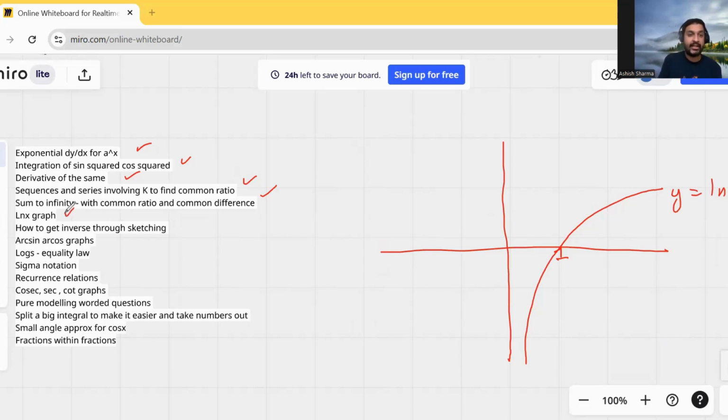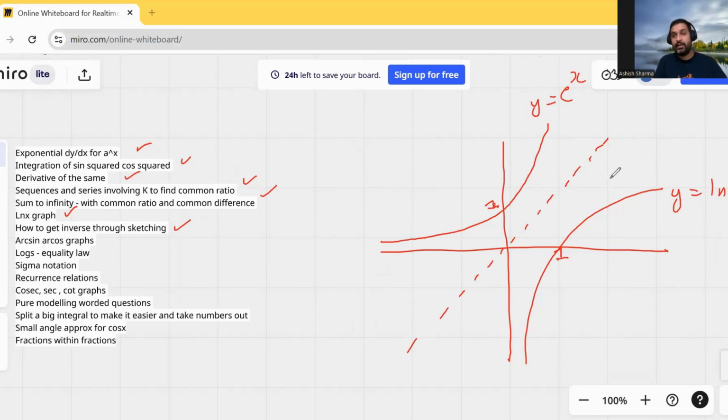And I'm actually going to link that with the next thing. How do I get the log graph generally? Well, the log function is actually the inverse of the exponential function. Okay, so it's the inverse of that. But how do you draw an inverse generally? To draw an inverse, what you do is you reflect a curve with a one-to-one mapping in the line y equals x.